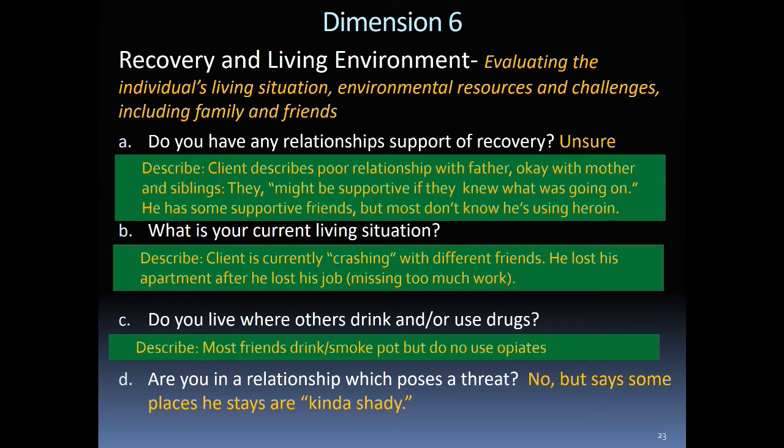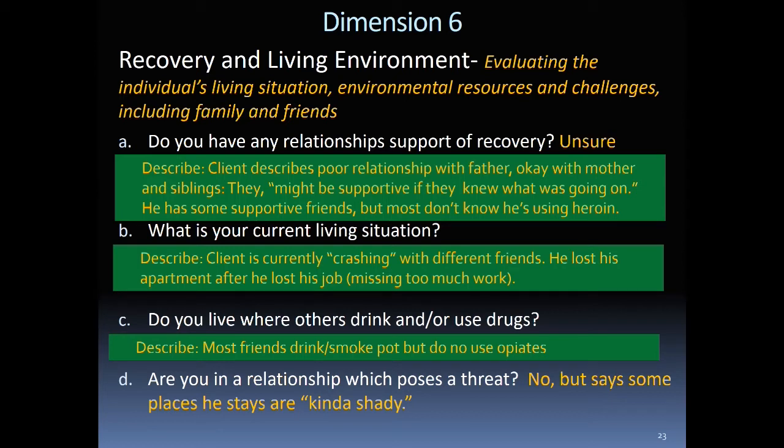The description there: client describes poor relationship with father, okay with mother and siblings. They might be supportive if they knew what was going on. He has some supportive friends, but most don't know he's using heroin. So this could be a situation where you might want to talk to Mr. Doe about including certain family members to aid him in his recovery efforts.